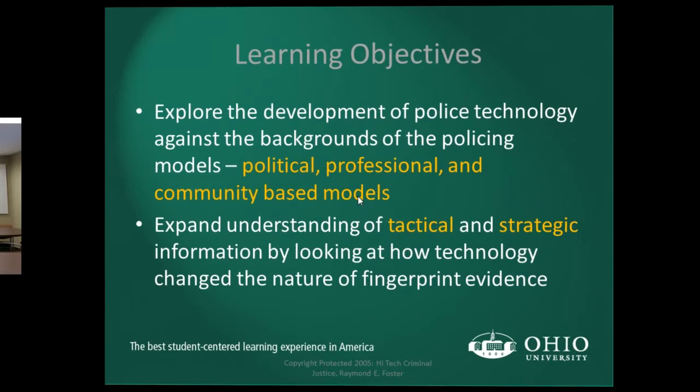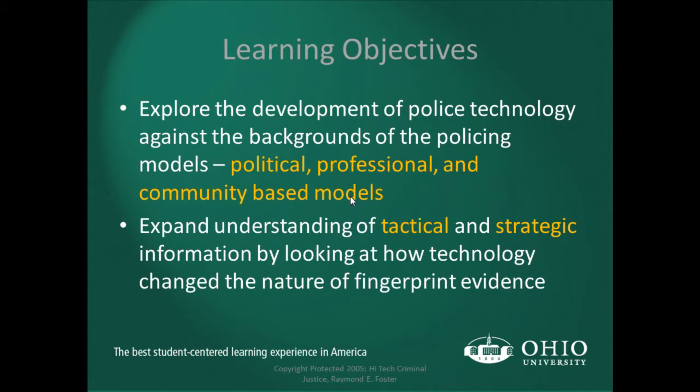Okay, the learning objectives for this chapter are: 1, we're going to explore the development of police technology against the background of the different eras that had evolved in the different policing models, political, professional, and community-based models.